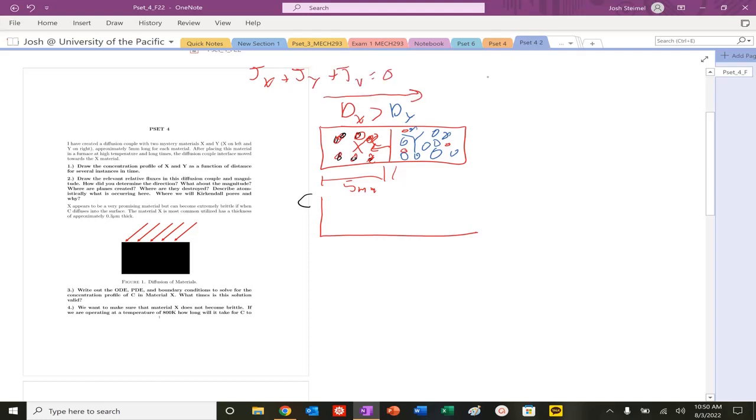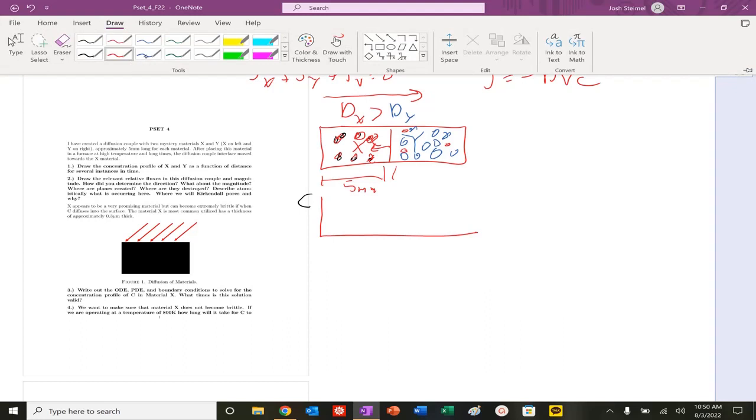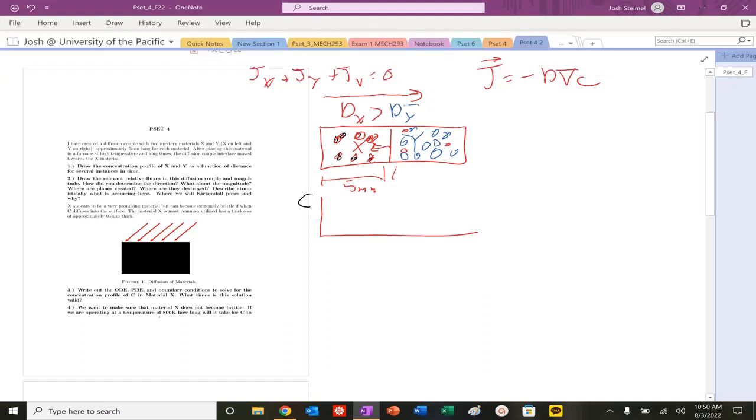I'm going to have a huge flux because my flux is equal to minus D grad C, and if my diffusivity of X is greater, that's my flux here. My flux of Y will look like this. And then my flux for the vacancies, I'm going to do green, will be like this. It's true because vacancies are moving over here to kill that extra half plane. So that's what we're looking like here.